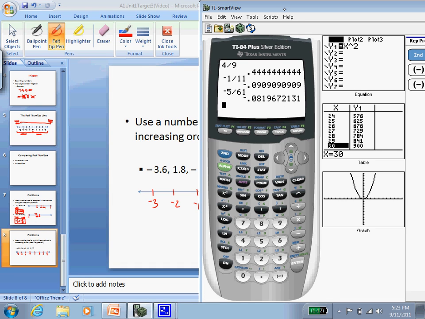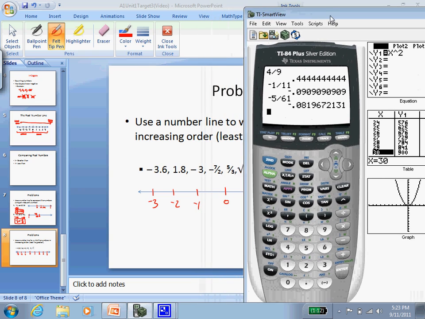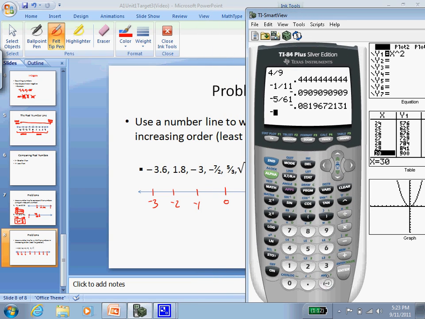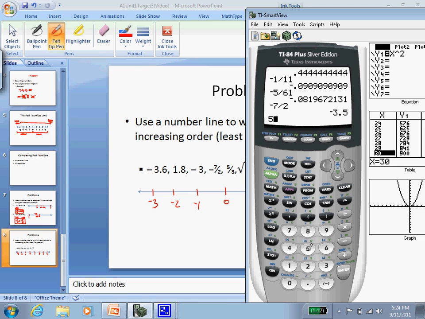Okay, so if I do -7/2, I find that's about -3.5. If I do 5/3, it's about 1.6.